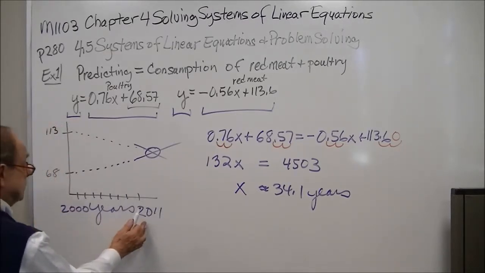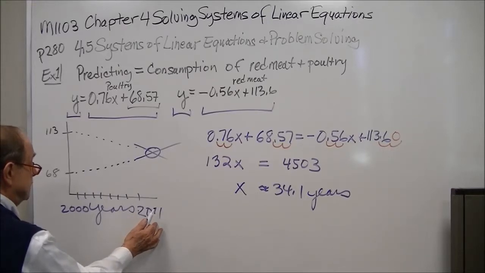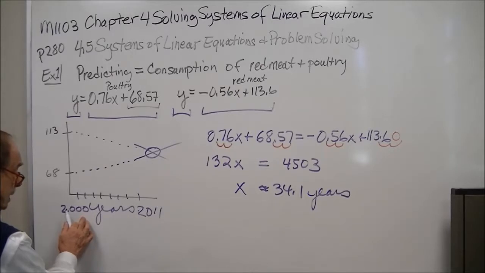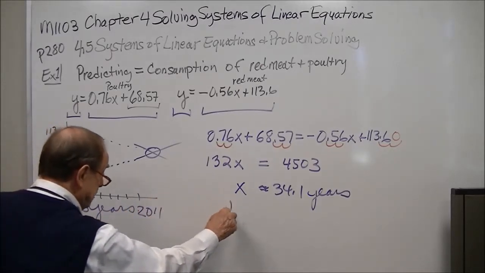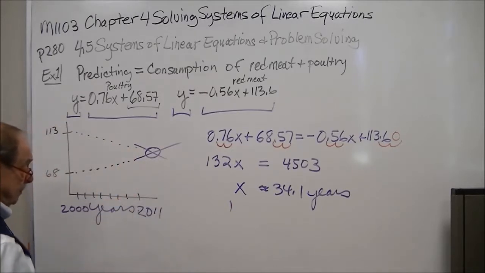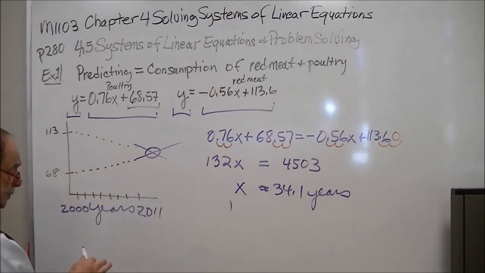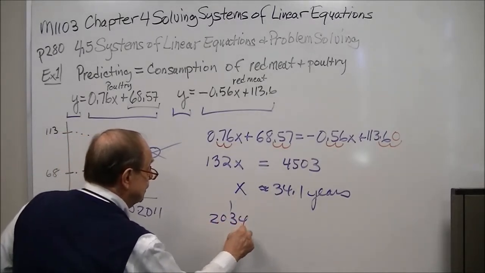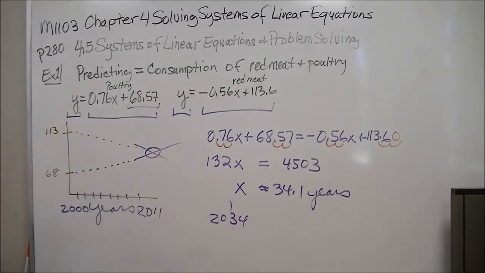So remember, this was 2011, but it started in 2000. So if it starts in 2000, then out here, and I didn't make these very well, just to show you what's sort of going on, it'll be 2034 where they actually intersect.